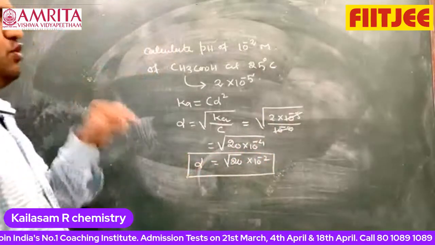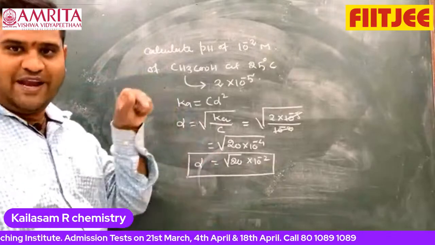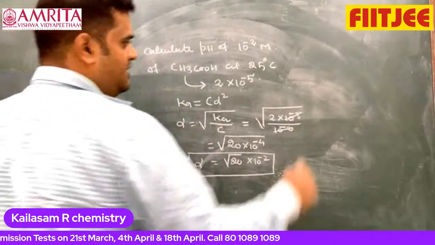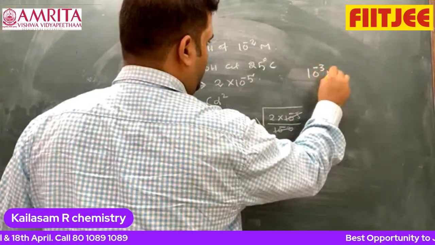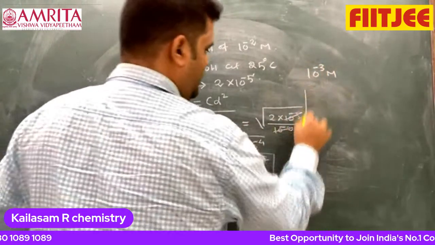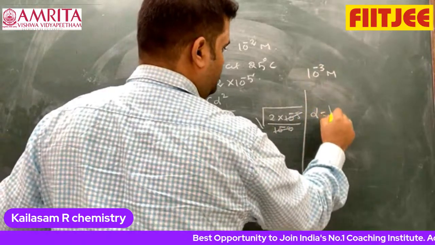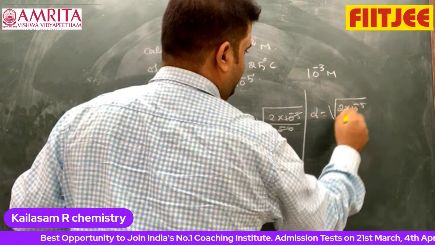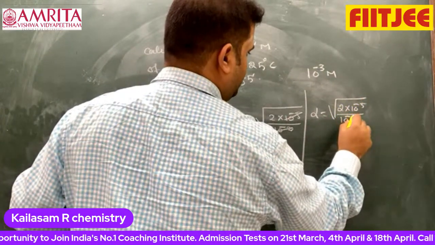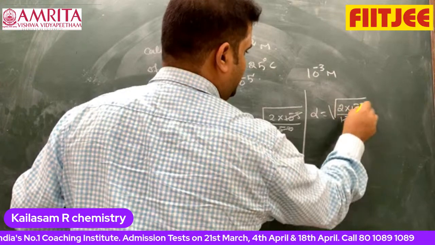Suppose if it is 10 power minus 3, what is going to happen? If the same solution is diluted 10 times, to 10 power minus 3 molar, what about the alpha? Same logic. Alpha is equal to root of 2 into 10 power minus 5 by 10 power minus 3.